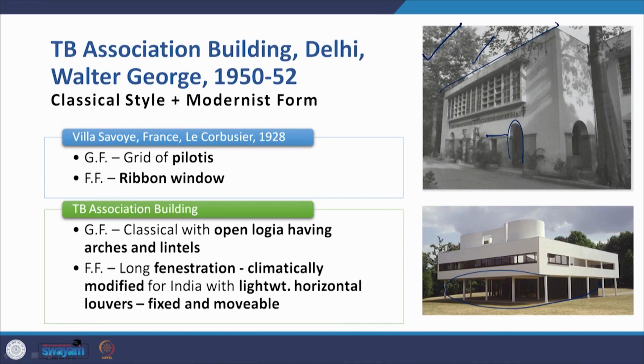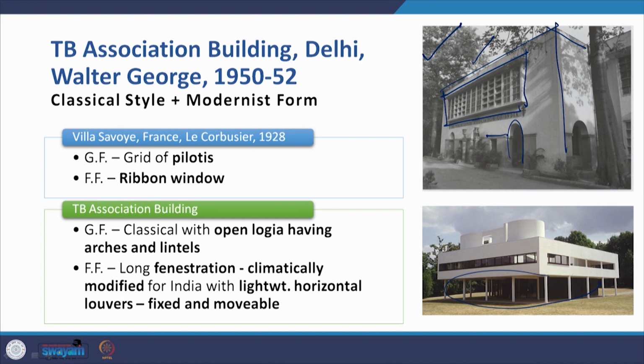And then you come to the TB Association building, again it's cuboidal geometry, definitely, and this vast extent of fenestration clearly shows that this is also supported by an RCC frame just as Villa Savoye, because you cannot have such an extent of fenestration unless it is a curtain wall on the outside, rather it's a non-load bearing wall.